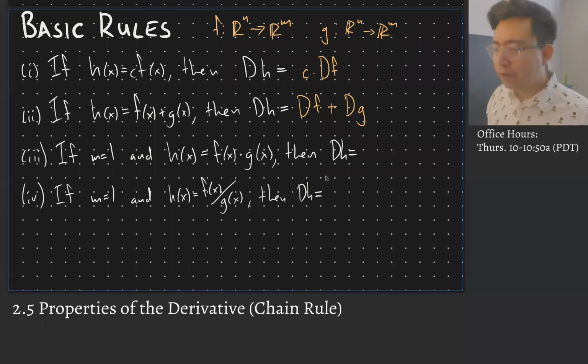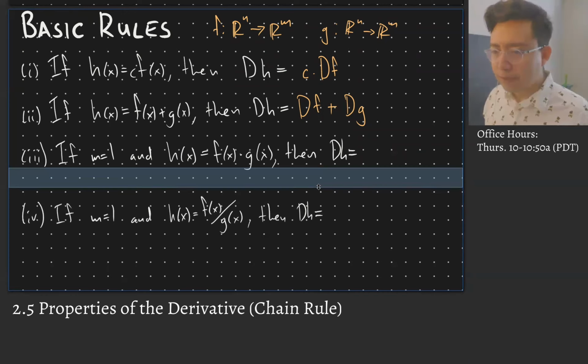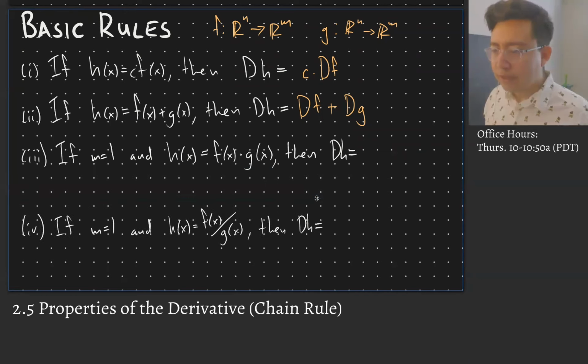Properties 3 and 4 here are a little more interesting. Here we in particular let m equal 1. That's going to allow us to take the product of two functions, because if m equals 1, then these are just scalar valued. I'm just multiplying numbers here, because the outputs are just numbers, not vectors.